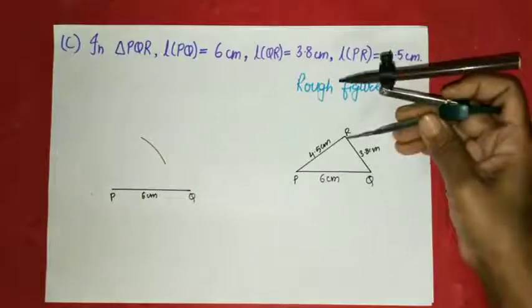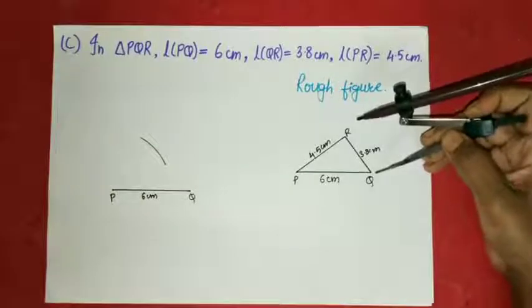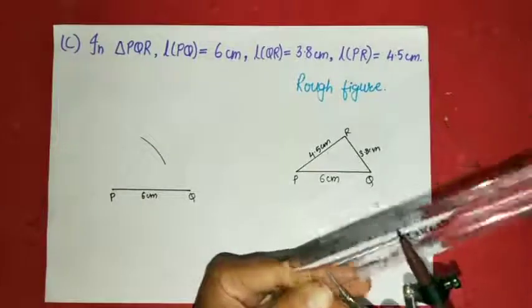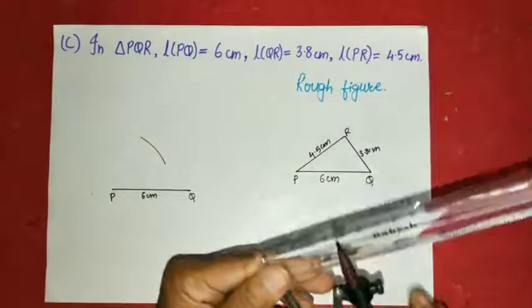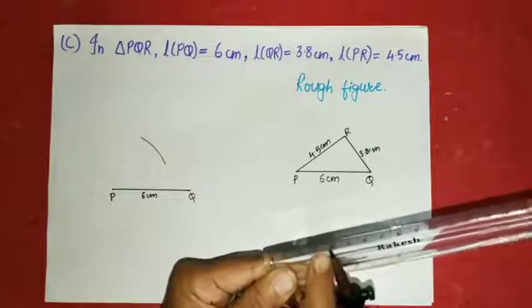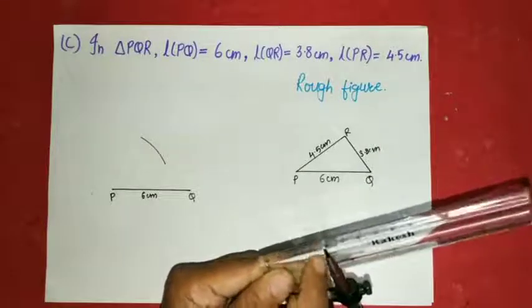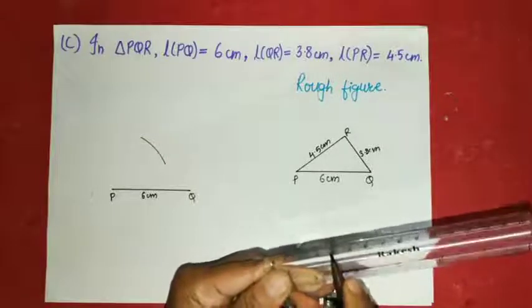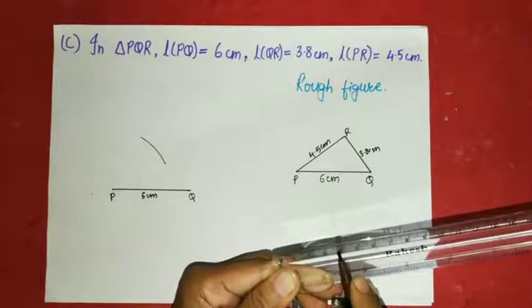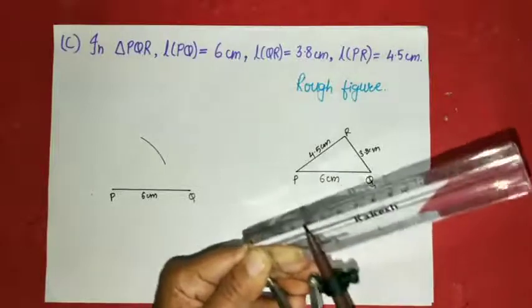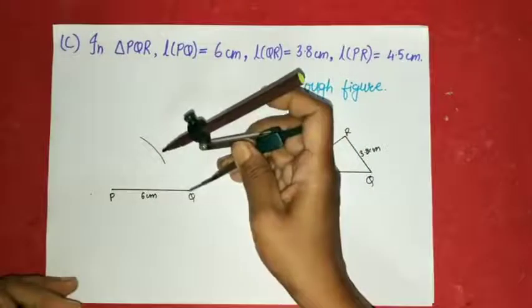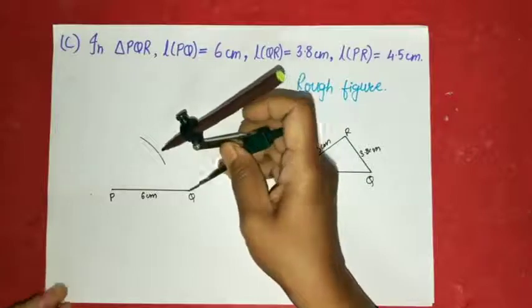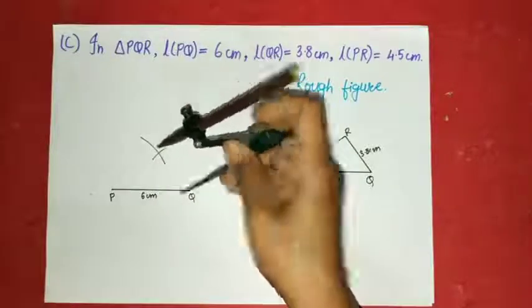Now we have to draw arc of 3.8 cm from vertex Q. So put the needle end 3.8. It means 8th small line between 3 and 4. So from 0 up to 3.8, you have to take exact measurement for the given diagram. And on vertex Q, give the arc here like this.